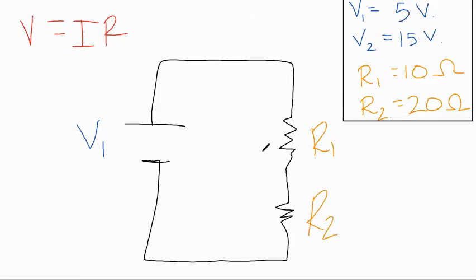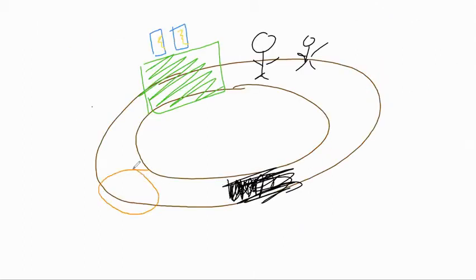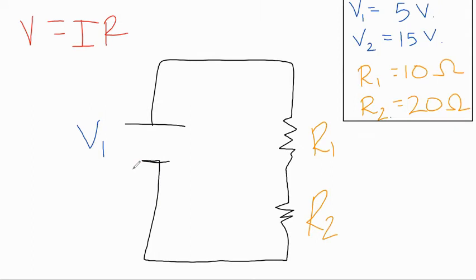In order to find the total current going through the circuit, you can think about what if I were to just add an extra obstacle right about here? Overall, that's just going to slow down the entire process even more. So the overall current would be even further reduced.